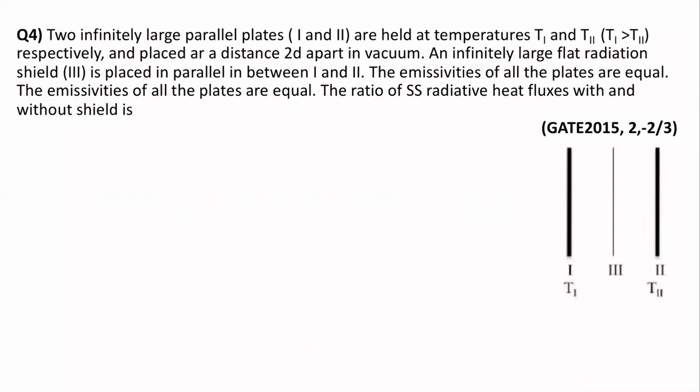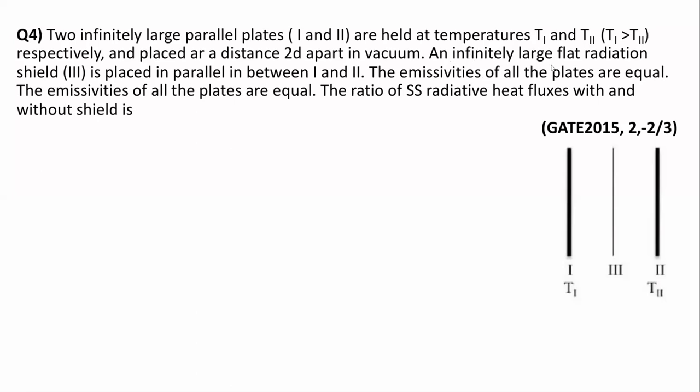This is the problem that was asked in GATE 2015 for 2 marks, and the problem reads as follows. There are 2 large parallel plates 1 and 2. They are held at temperatures T1 and T2 respectively, and they are placed at a distance 2d apart in a vacuum.